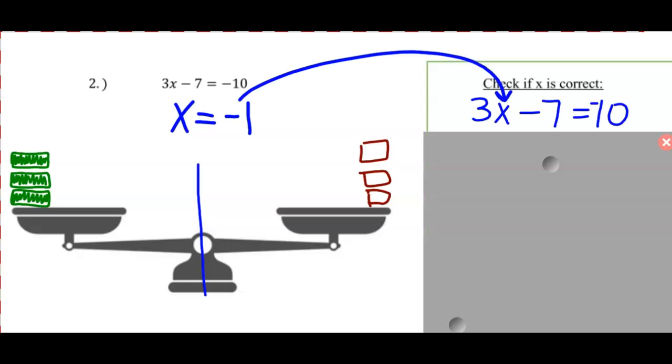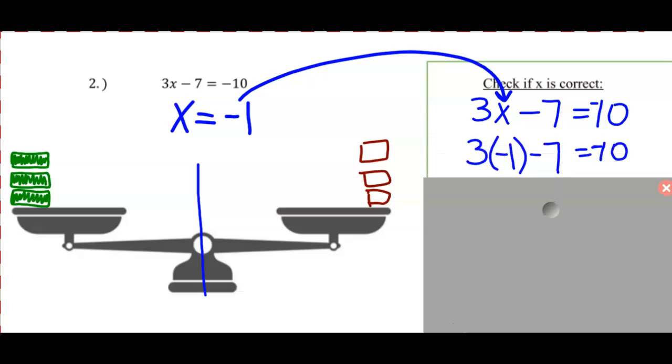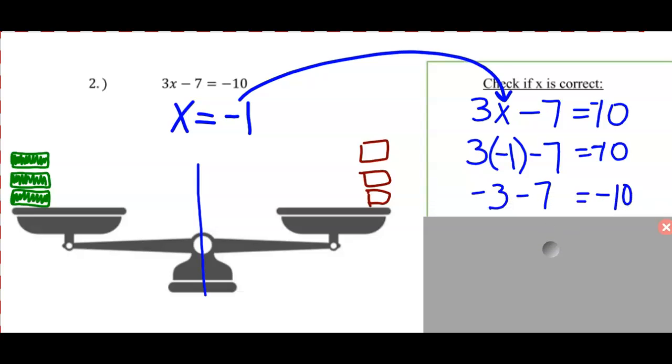Okay? So I take my original equation, I put my x minus 1 in where the x is, and I check my work. Now I need to multiply my 3 times my -1. I get -3. -3 minus 10, or -3 plus -10, right?